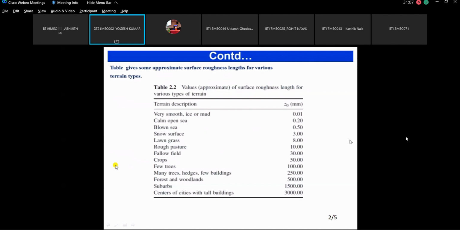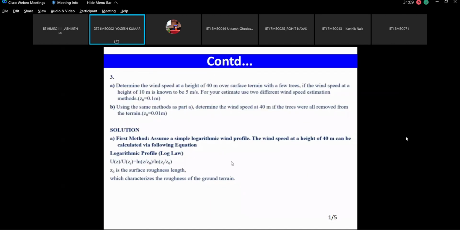So we use these values in first the logarithmic profile law and second the power law. In this question, determine the wind speed at a height of 40 meter over surface terrain with a few trees. So terrain type is given as a few trees.